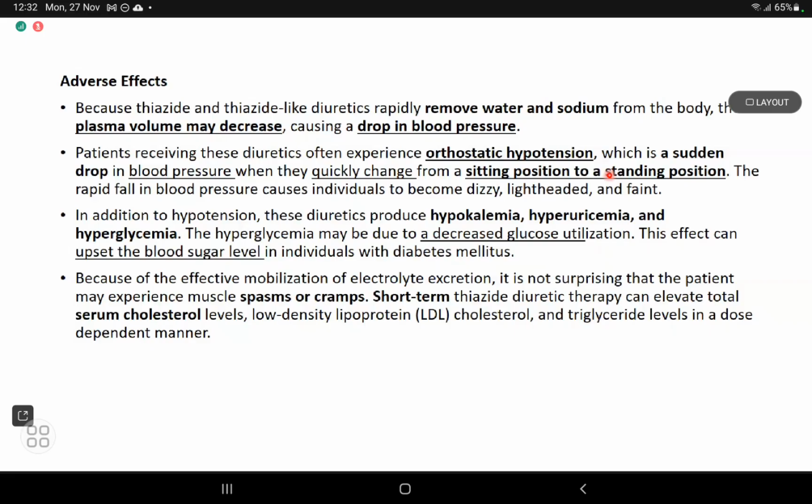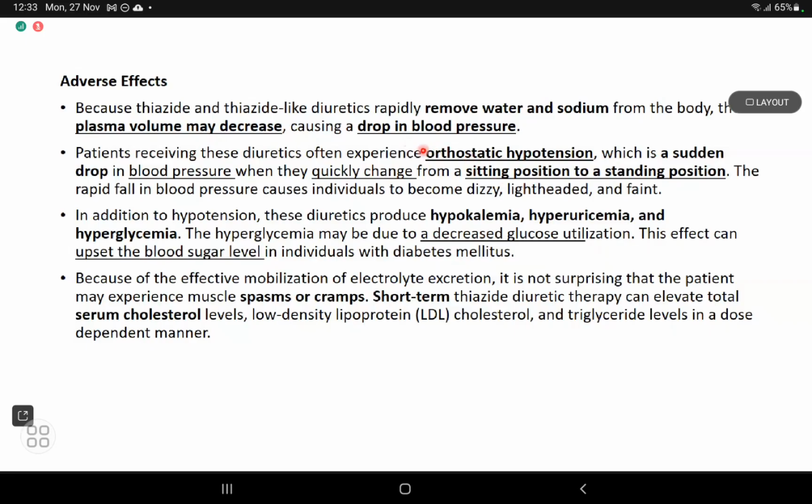Once the blood pressure drops, even for only 1 or 2 seconds, they cannot stand properly and they will fall down and knock their head, and at the end you have a hemorrhage. This always happens. So remember, if your home has elders, ask them when they want to change position, please be slow.